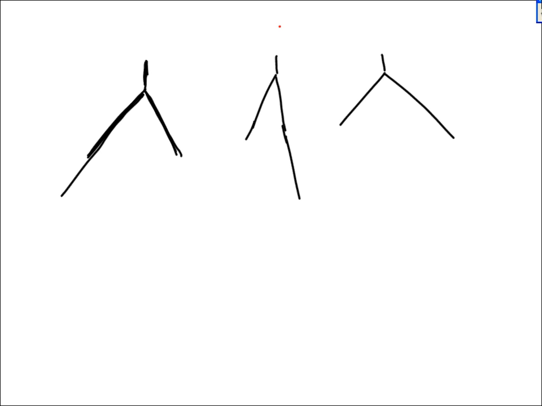Now, with respect to your compass, ignore that piece up there. You know how some compasses let you attach a pencil, or make the pencil long, so that this one is not as long as that leg. They don't have to be the same length.